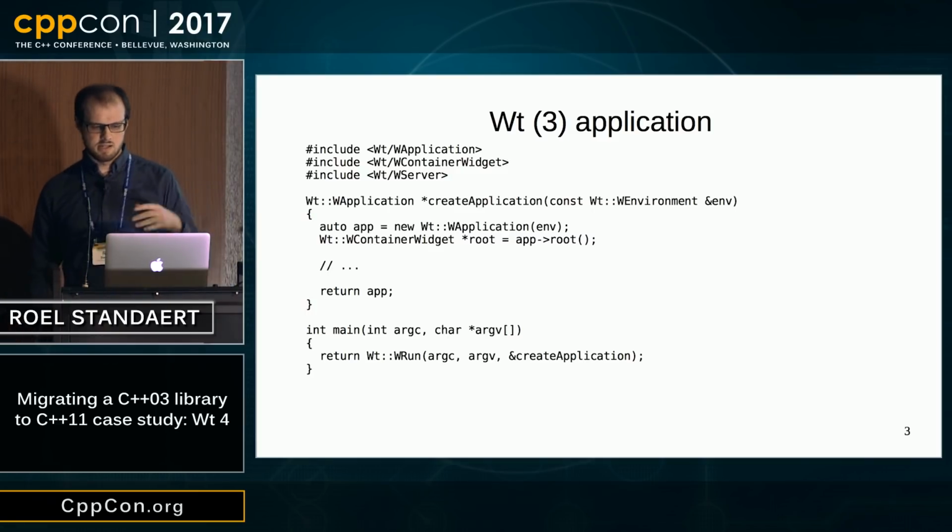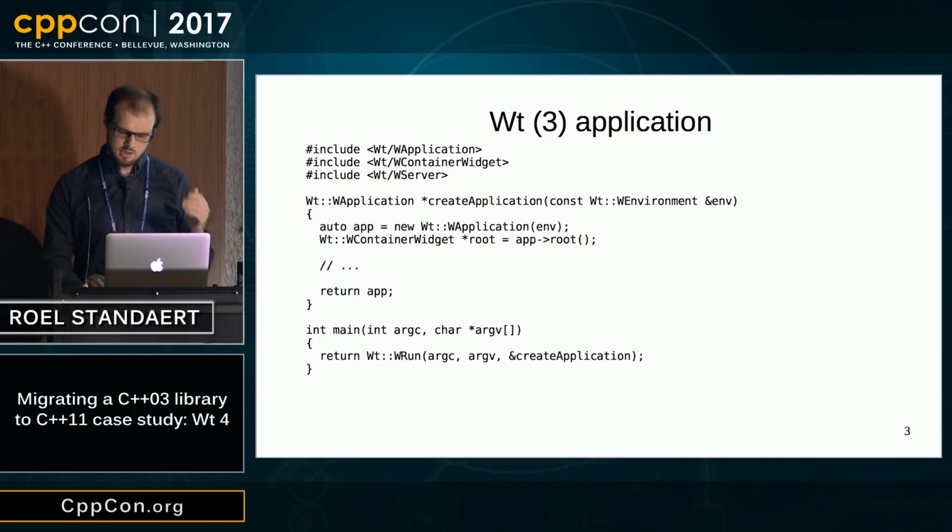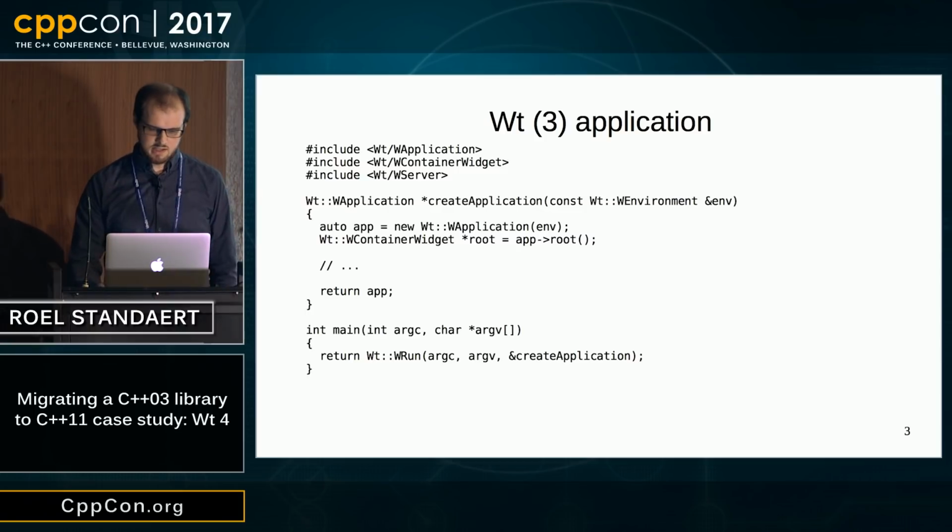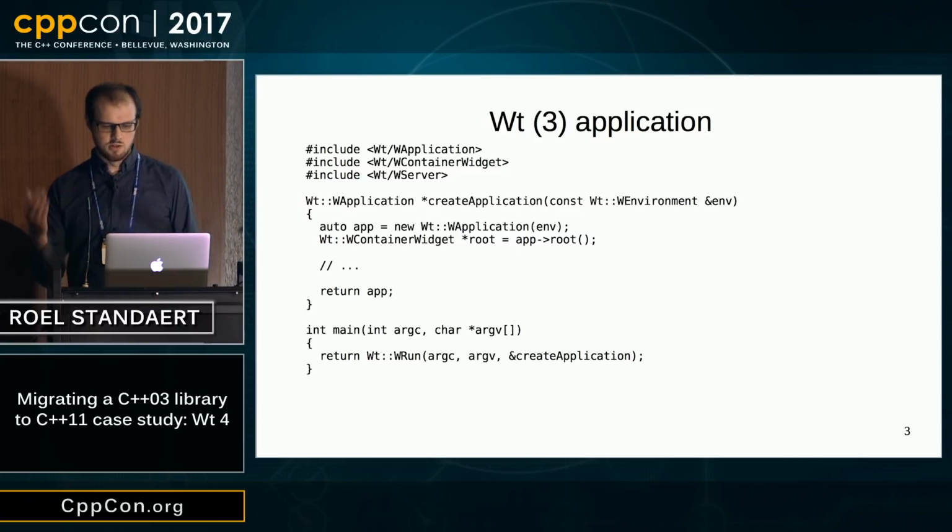So this createApplication gets an environment which tells it something about the user that's accessing it, stuff like the user agent, IP address, that kind of stuff. And then you make a new WApplication. This is Witty 3, so you still use new.